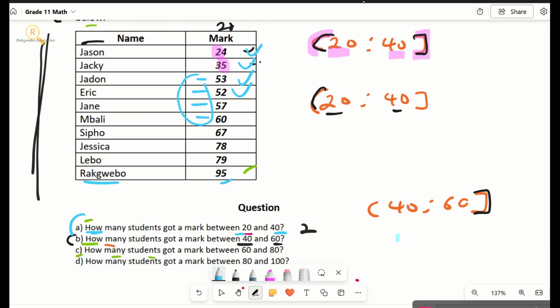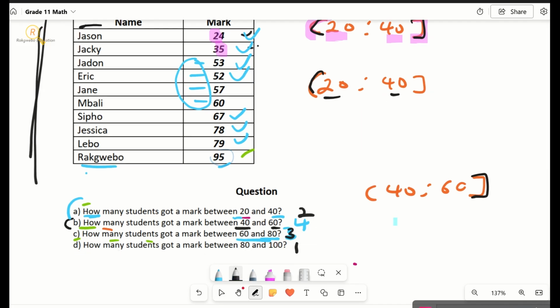So it's 4 learners. So we put a 4 there. The next, between 60 and 80, we've got 1, 2, 3 learners. And between 80 and 100, we've got 1 person. So we put 1 there. Okay.